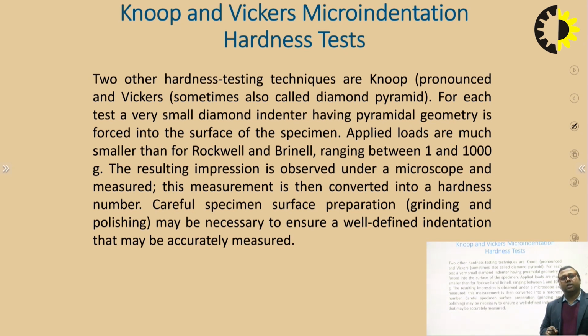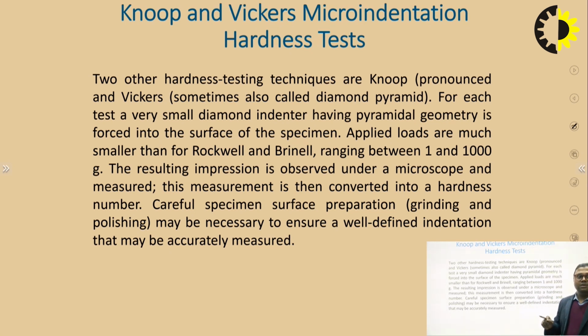This load ranges from 1 gram to 1000 grams, and the resulting impression is observed under a microscope and measured. This is the impression which we get when we indent the diamond indenter onto a particular specimen. The cross-section diagonal is measured, and when we put that into a particular formula, it gives the hardness value for the material.